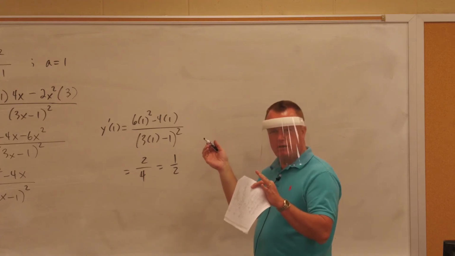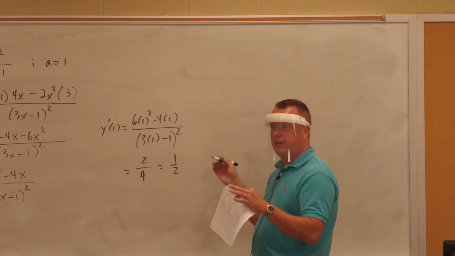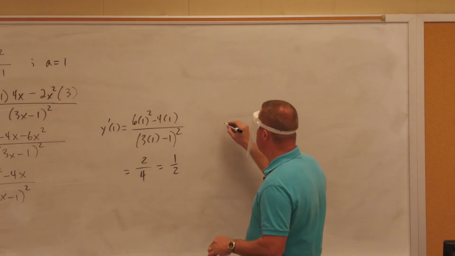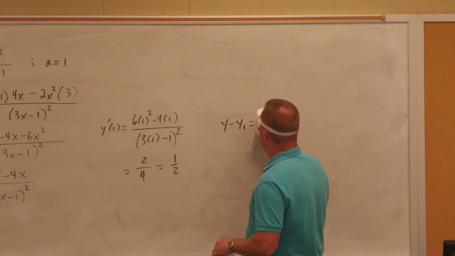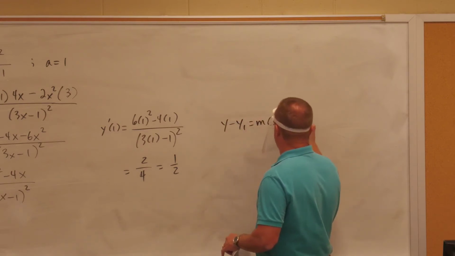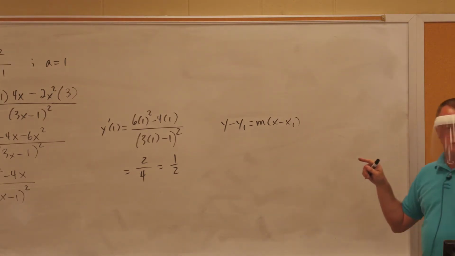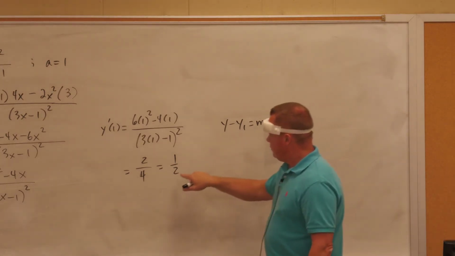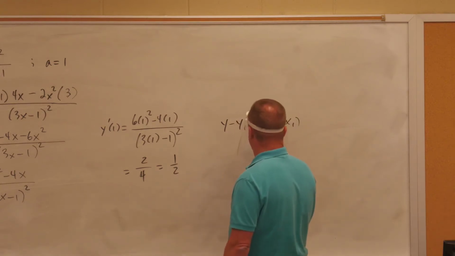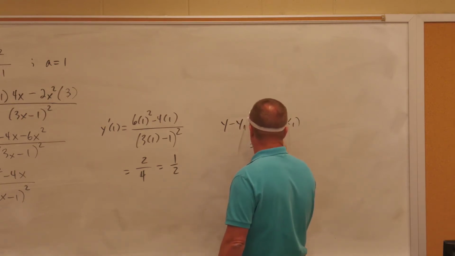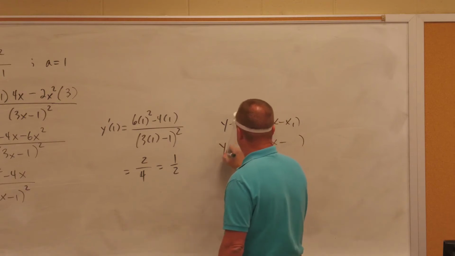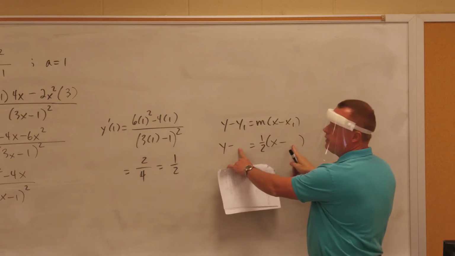You remember? Point-slope form. If you've got a point and a slope, you've got point-slope form. So it is this. This is one thing you need to remember: y minus y1 equals m times x minus x1. So that is your slope, that goes right there for m. We've got x, we've got y. I just need a point now that's on the line.